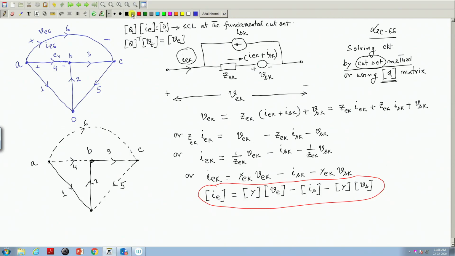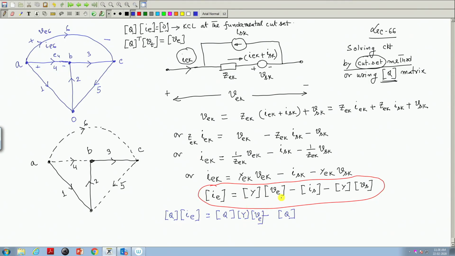Therefore, it will be Q into Ie is equal to Q into Ve. Pre-multiplying both the sides by the Q matrix, minus Q into the Y matrix that was already present, Q into Y into Ve.